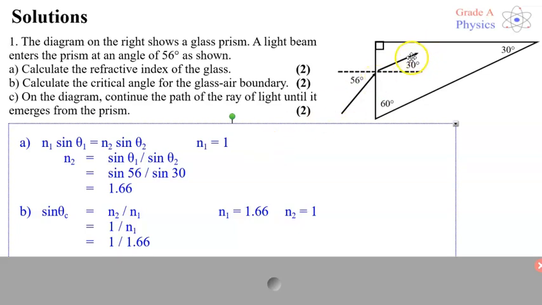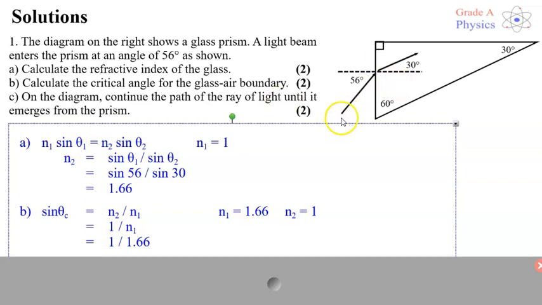So if you imagine that it's going to take place over here, so this beam of light is going to reflect here, so we're going to find the critical angle at this point here, then the first value, N1, is 1.66. The second value is air, N2 is going to be 1. So that causes lots of confusion by getting the N values the wrong way around. So we need to remember that TIR takes place inside the material.